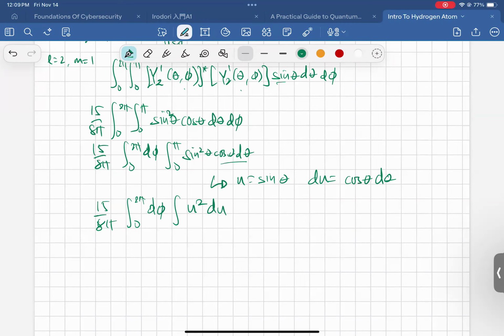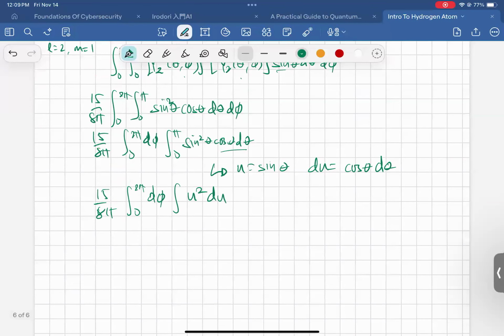And then ano yung limits of integration? Pag zero ito, then this will give us 0, diba?